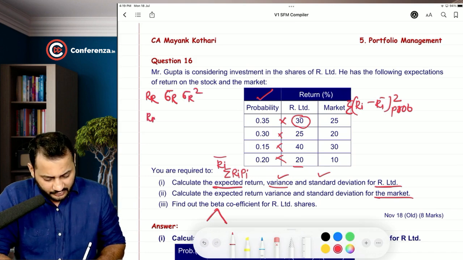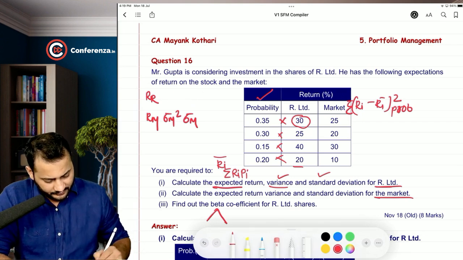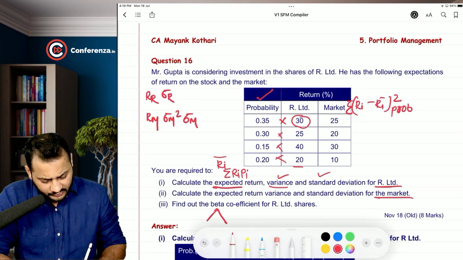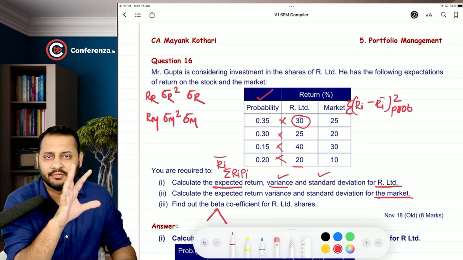Then return of market, variance of market, and standard deviation of market. Now you can clearly see these figures are ready with us.